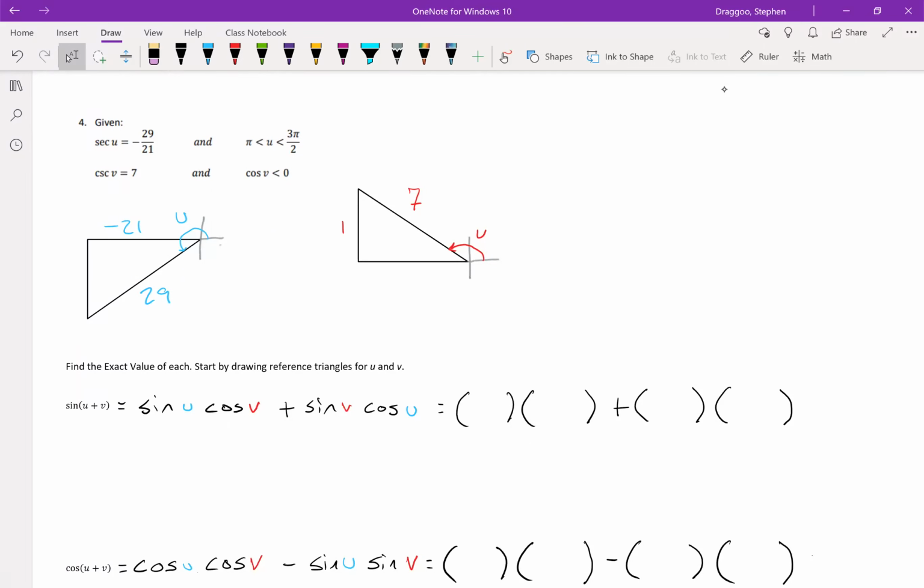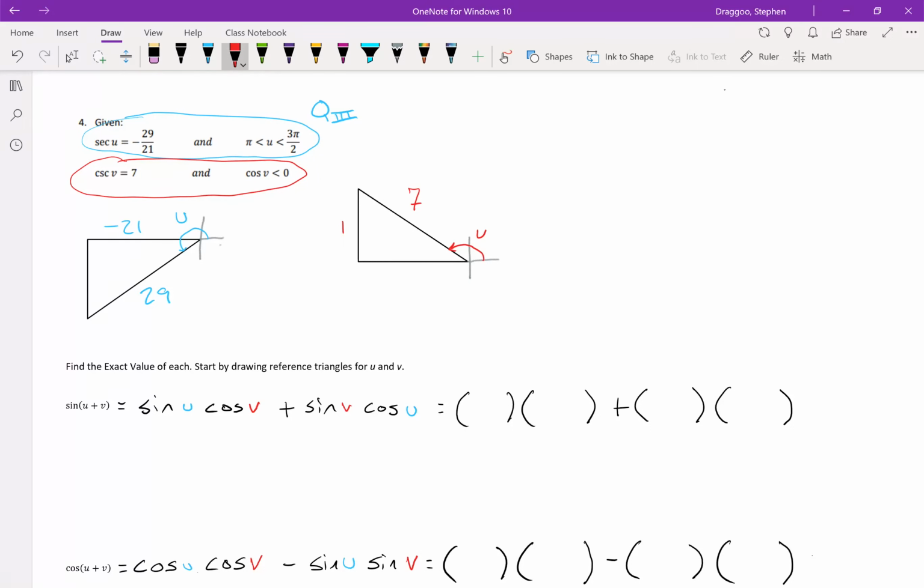Right, and then in problem 4, we have some given information. First, some information about u, which I'm highlighting in blue, and then some information about v, which I'm highlighting in red. So directly in the given information for u, we're told that that angle is between pi and 3 pi over 2, which is quadrant 3.